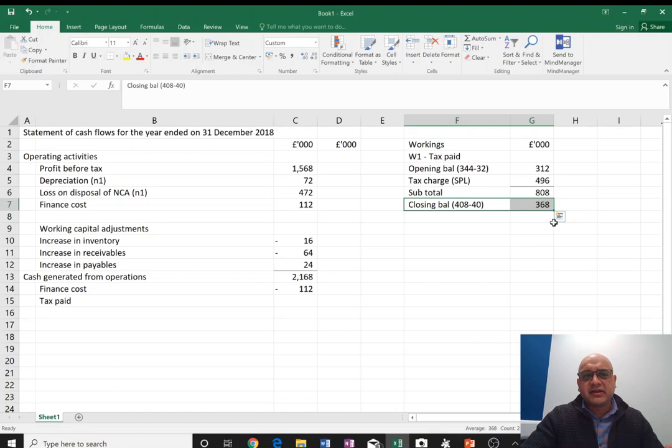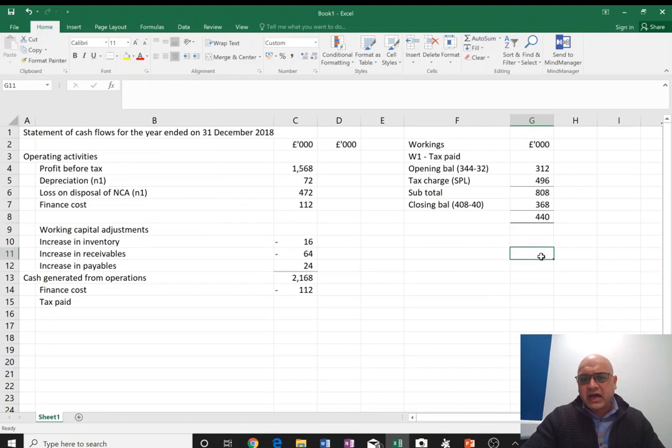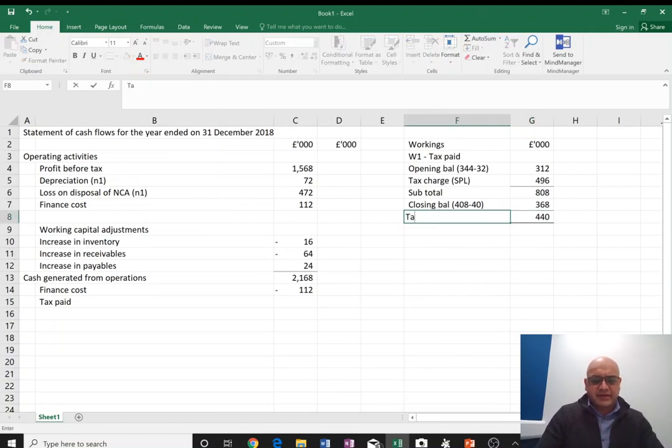Closing balance ended up being 368. So how much did we really pay? If we take the difference between these two, 808 and this 368, we can find how much tax we really paid.